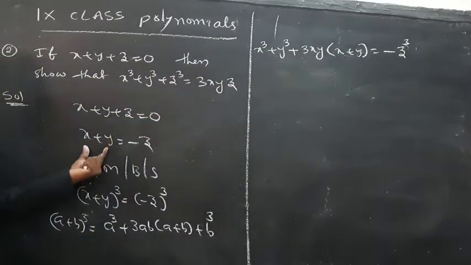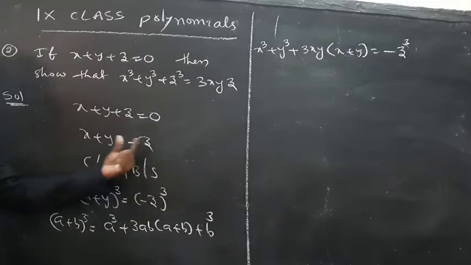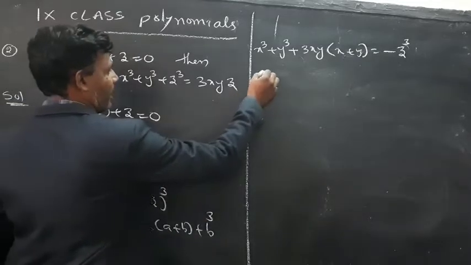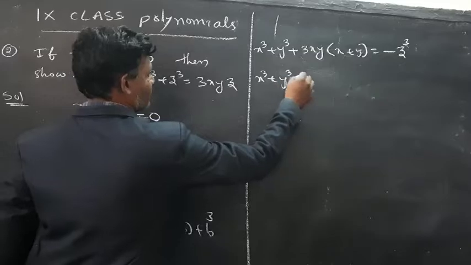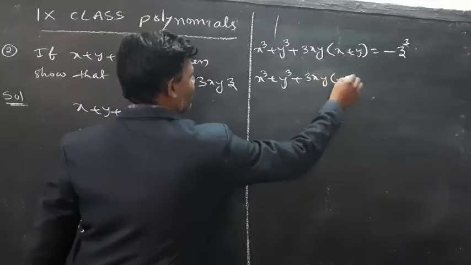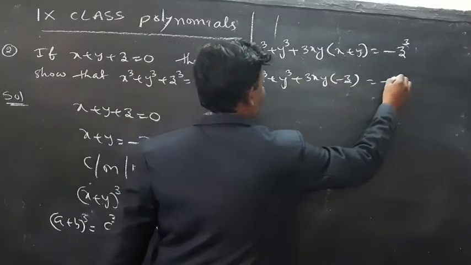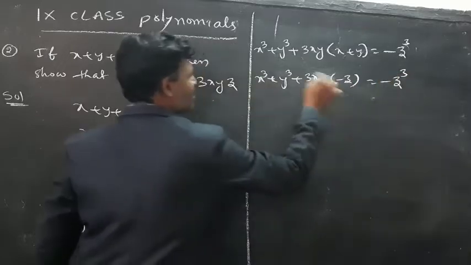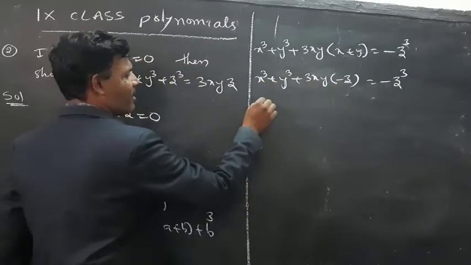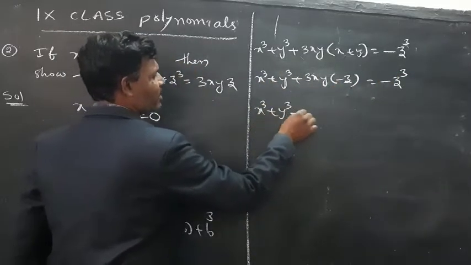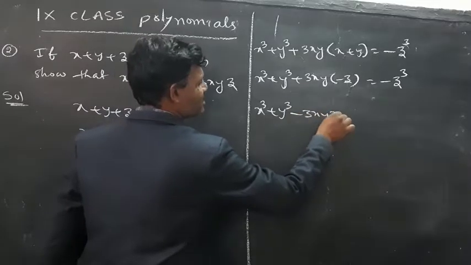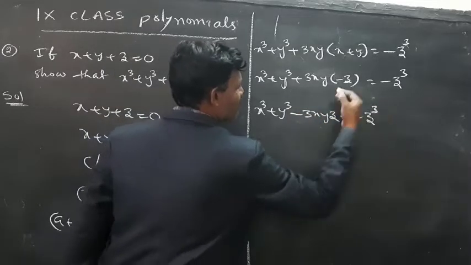Already we know the value of x plus y. What is that? Minus z. So x cube plus y cube plus 3xy into minus z is equal to minus z cube. Plus into minus is minus. So x cube plus y cube minus 3xyz is equal to minus z cube.